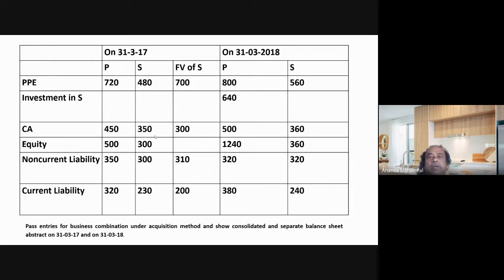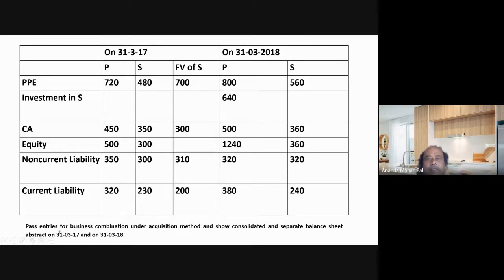So there is one loss of 50, there is another loss of 10. So 50 plus 10, 60 is the total loss. No, it is non-current. Sorry, current. Current, there is another loss of 30. So 50 plus 30, there would be total 80 loss in current items. 80 loss and 80 loss would be reverted afterwards.